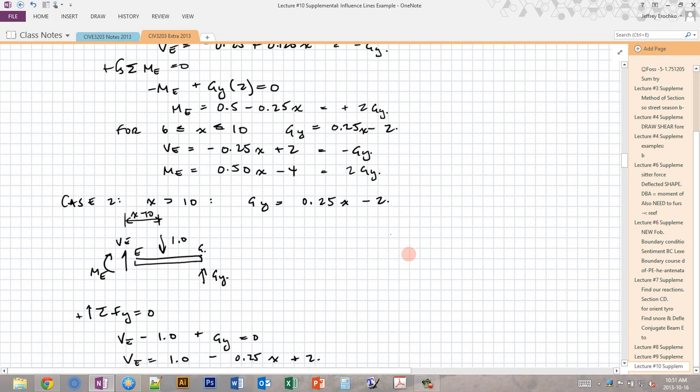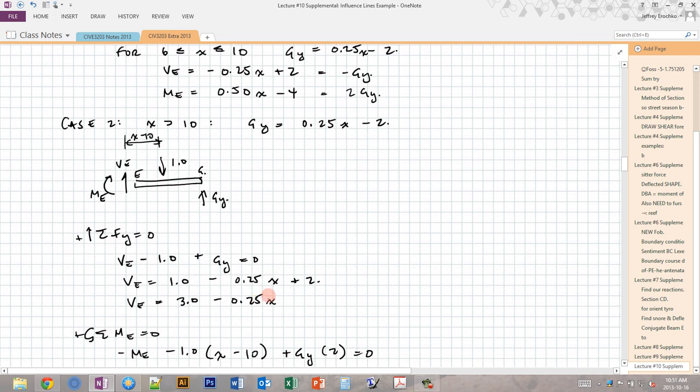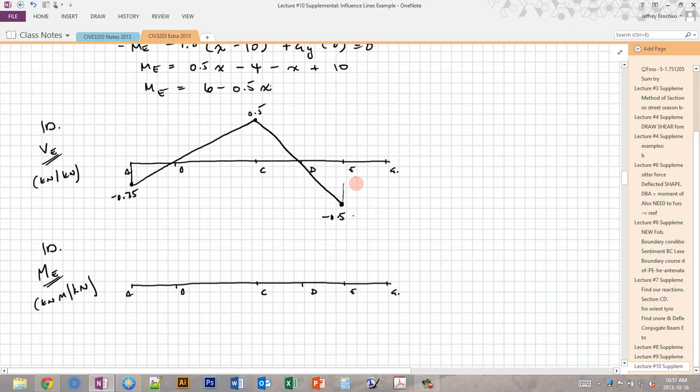So for case 1 at 10, we got VE is equal to negative 0.5. Now for case 2 at 10, so at the same location, we sub in 10 for VE, and now we're going to get plus 0.5. So it switches between negative 0.5 and plus 0.5 at E. So we have a vertical line in our influence diagram like this.